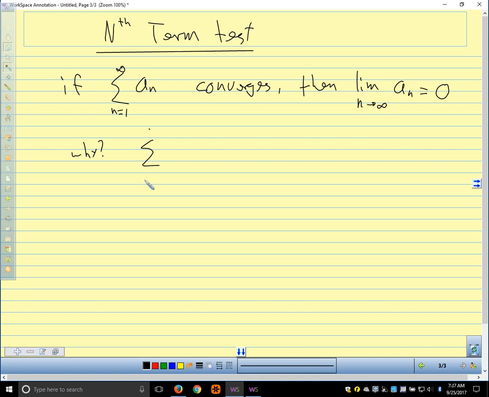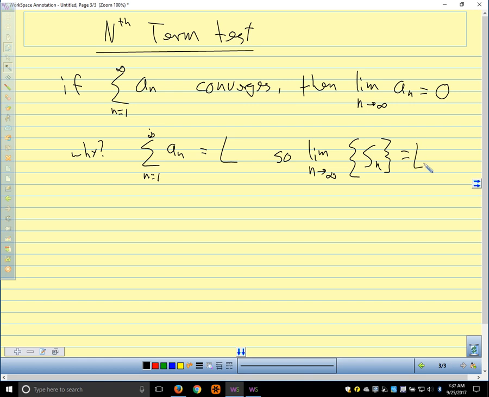We're going to say the sum from n equals 1 to infinity of a sub n is L. We're given that. It has some limit. Well, this tells us that the limit as n approaches infinity of the sequence of partial sums is L. That's how we determine the convergence of a series.